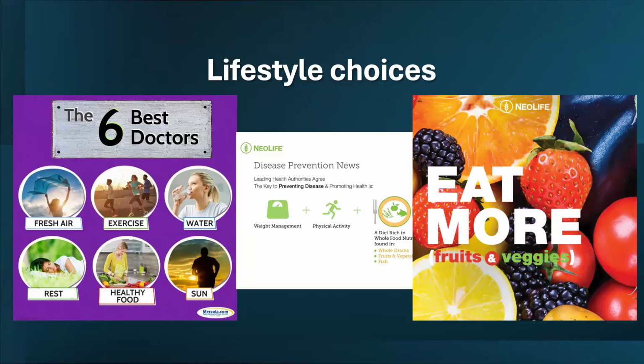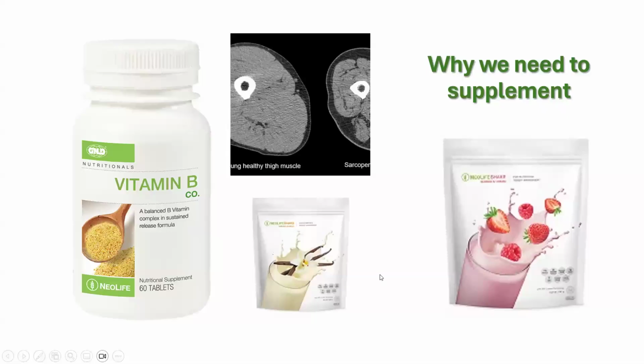And we've mentioned them: exercise, making sure that you eat healthy food, get sunshine so that your skin can create that vitamin D that one needs, and fresh air to avoid those environmental toxins that can lead to allergies, adequate rest, and other things like weight management, physical activity, and making sure your diet supplies what your body needs. So let's talk about some supplements. And it is important that we need supplements.